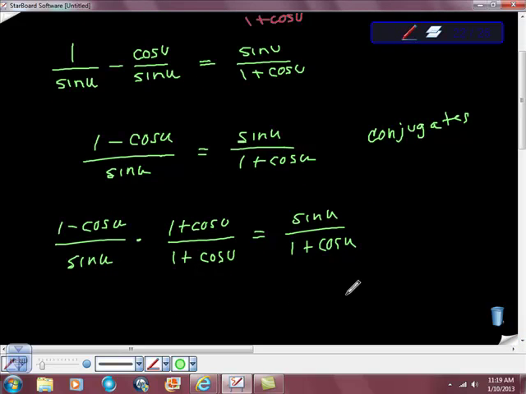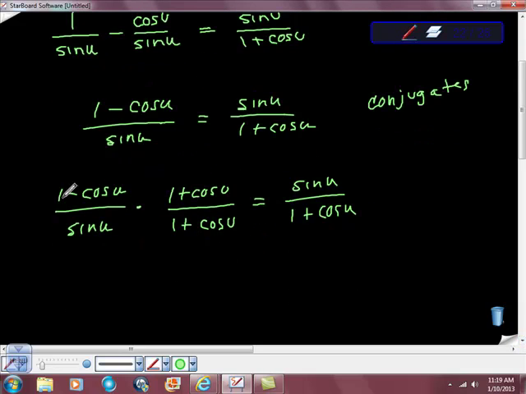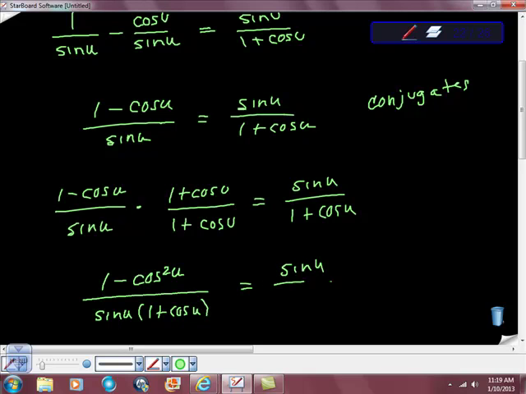As we go through, when we multiply this, check this out, we get this times this. This is difference of squares. We're going to get 1 minus cosine squared u all over sine u times 1 plus cosine u. It has to equal that same thing over here, doesn't it? 1 plus cosine u.